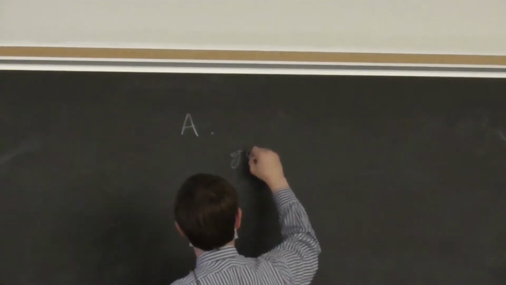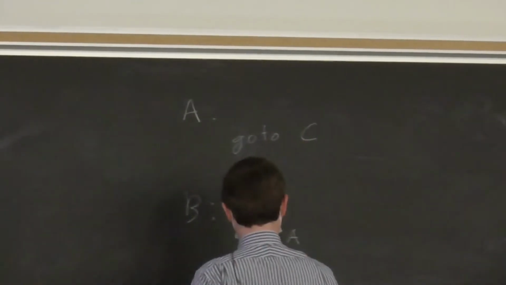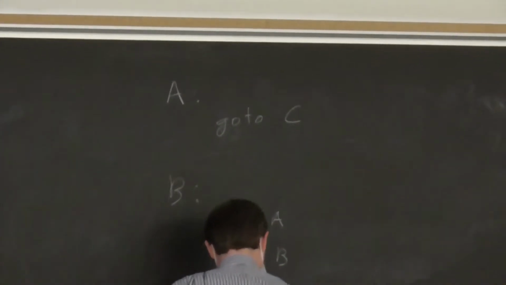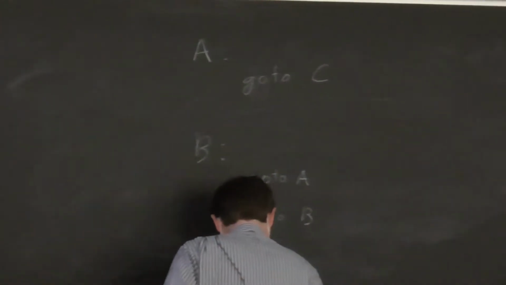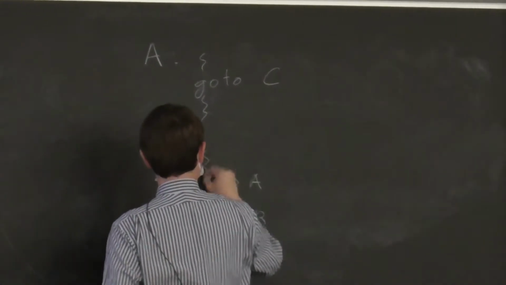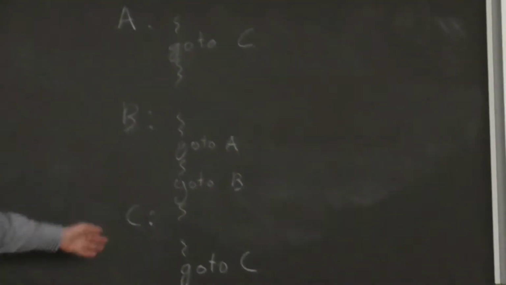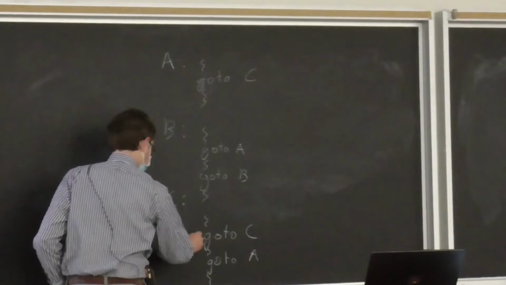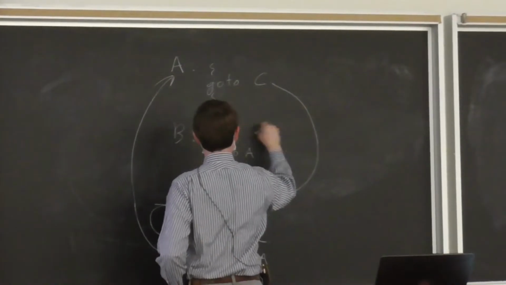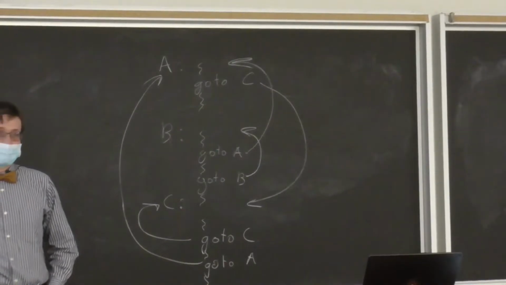And you have go to C, go to A, go to B, go to C, go to A, and if we imagine we have some instructions between each of these, this guy goes here, that guy goes there, this guy comes here, that goes here, that goes there. You can see that it becomes very messy very, very quickly.